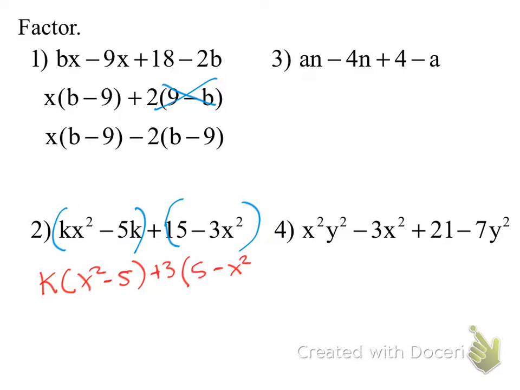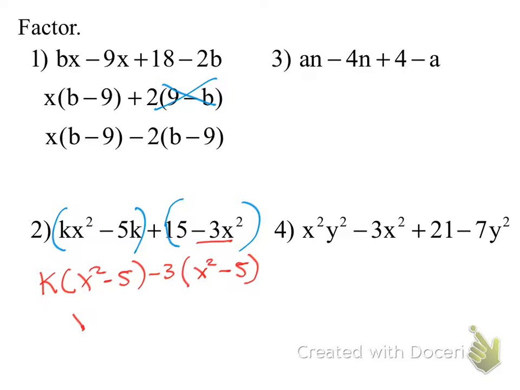Are they matching? No. Kendall, so I don't want to do a positive 3. I want them to flip around. What do I need to do? A negative 3, and when I take 15 divided by negative 3, what do we get? Negative 5. Good, and negative 3x squared divided by negative 3 is just an x squared, and there we go. So I end up with what?